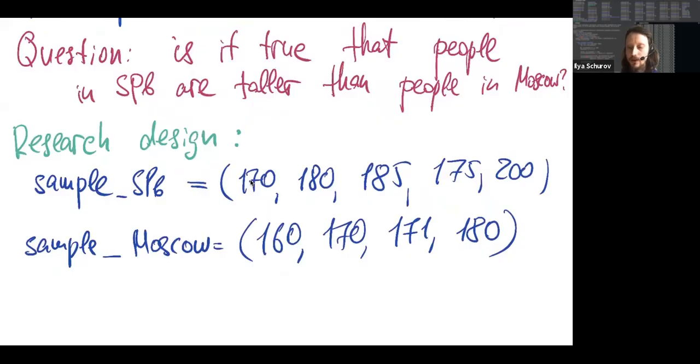This is possible. I do not demand that the number of people here is the same as the number of people here. For example, due to some reasons, I was able to recruit only four people in Moscow. This is possible.